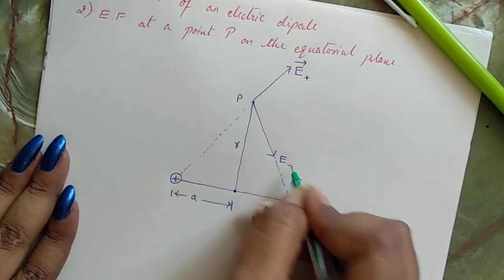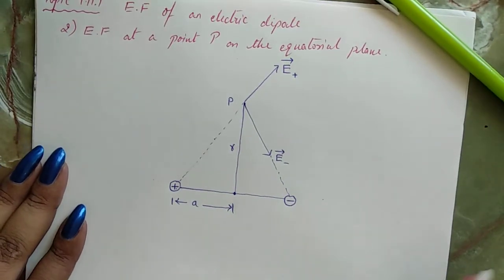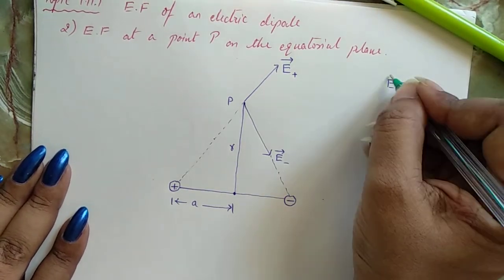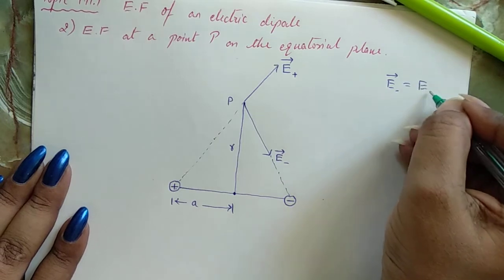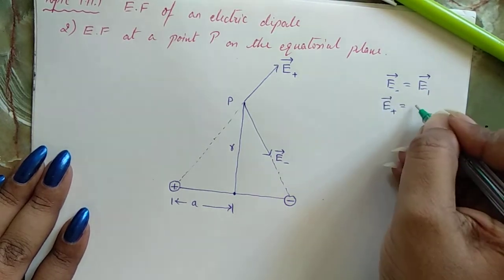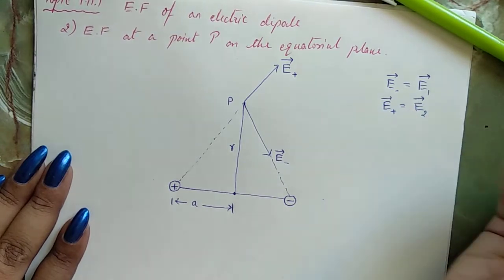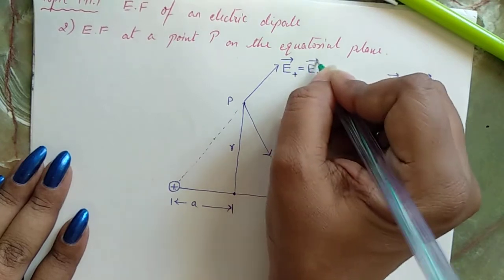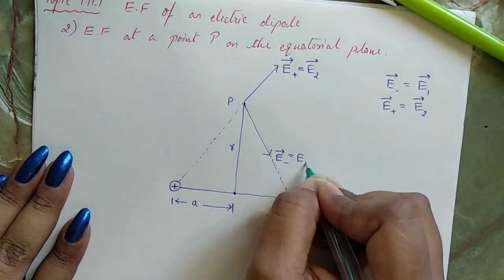So this is vector E minus. Now for simplicity, I'll call vector E minus as E1 and vector E plus as E2. So this is my vector E2 and this is my vector E1.